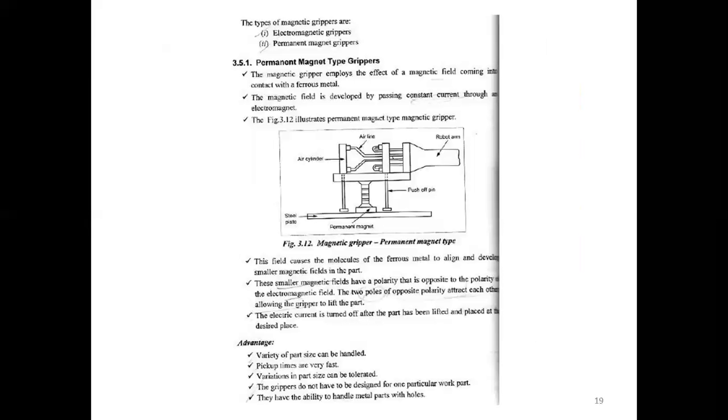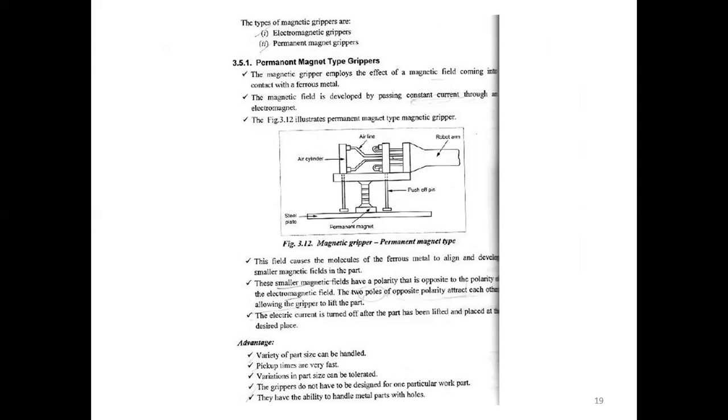Next we will see the magnetic grippers. This is another type of gripper, which uses the magnetic concept. We know that there are two types of magnets: the permanent magnet and the electromagnet. These two magnets can make contact with a particular material, that is, magnetic material only, like iron.